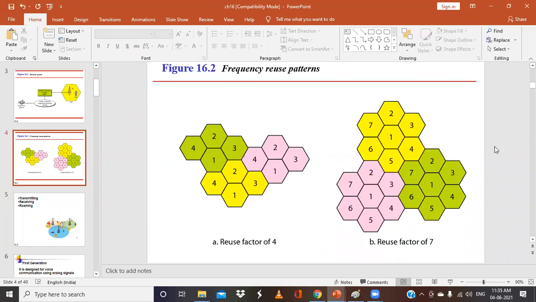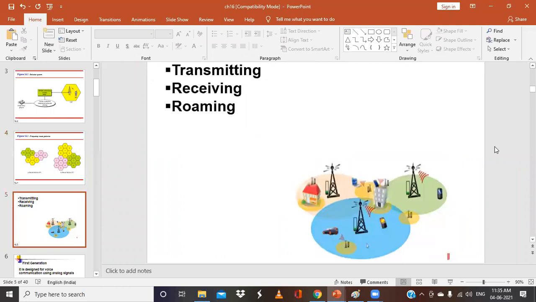The basic thing here is that when two mobile stations or two phones are at the boundary and communicating, there is a possibility of collision between the signals. If they try to use the same signals, there can be interference or a disturbance in the communication.